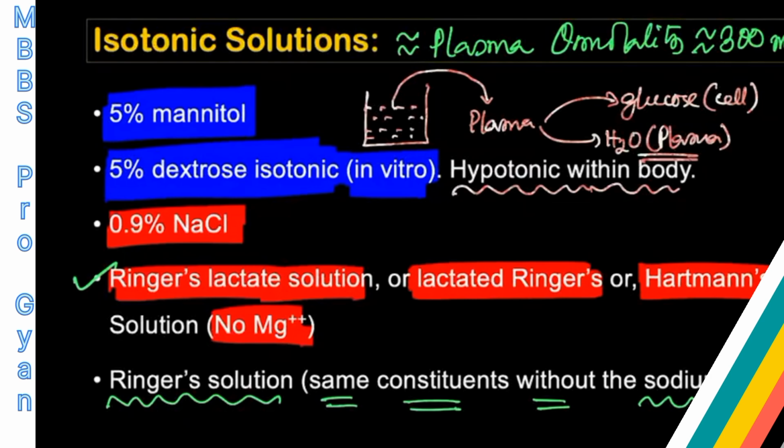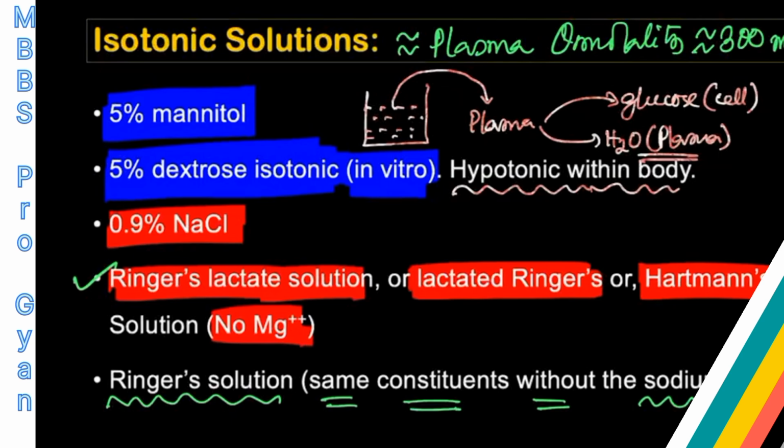Meaning if the sodium lactate is not there, then that is only Ringer's solution, simply Ringer's solution. And if additional sodium lactate is given, then that is Ringer's lactate solution. Ringer's lactate composition is the same as plasma, except it does not contain magnesium. These are all the isotonic solutions which we use clinically in different patients, right?